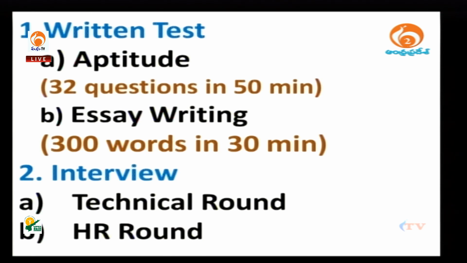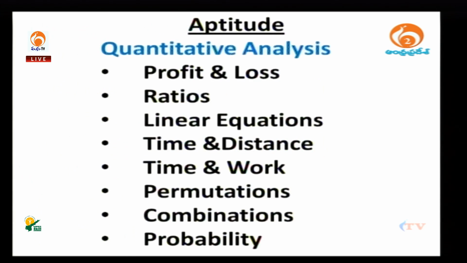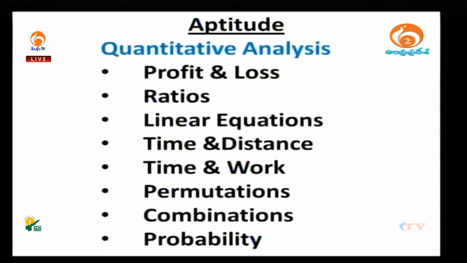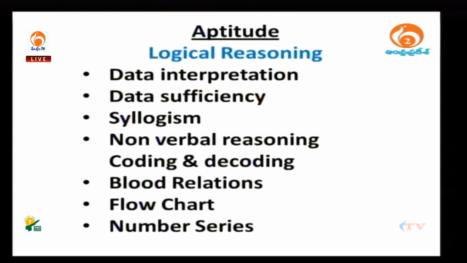So written test, aptitude and essay writing. The first 50 minutes of the test you will have 32 questions. So you need to answer 32 questions in 50 minutes in aptitude. What will they ask in aptitude? They will ask two separate sections, quantitative analysis and logical reasoning.